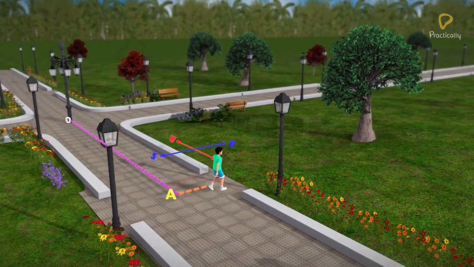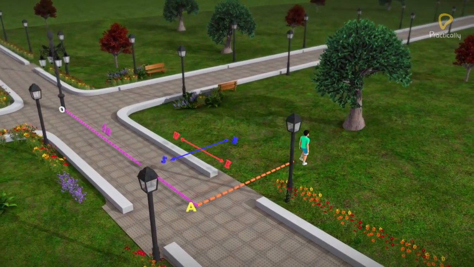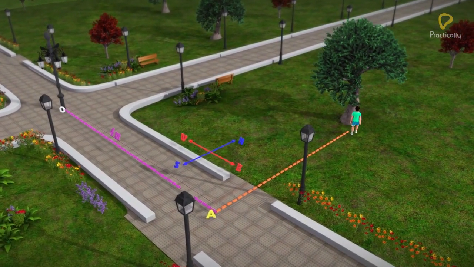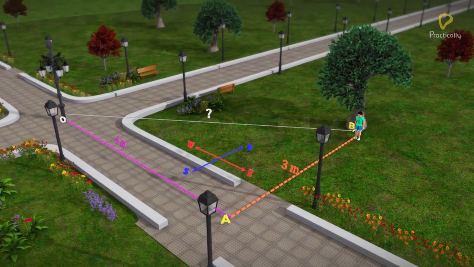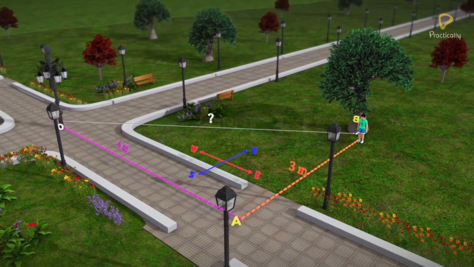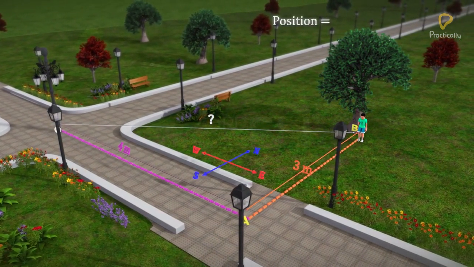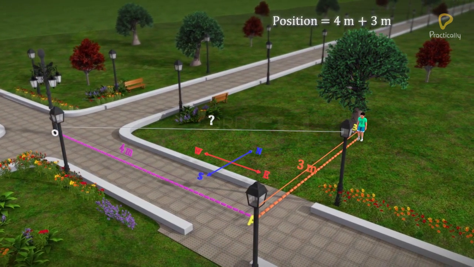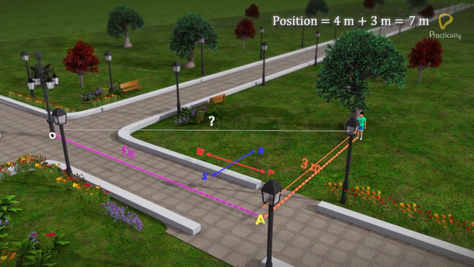Suppose the boy from point A walks 3 meters in the north direction to get to B. What is the final position of the boy? Position of point A is 4 meters east and position of point B from A is 3 meters north. We cannot simply add 4 meters in one direction to 3 meters in another direction numerically to get the final position.